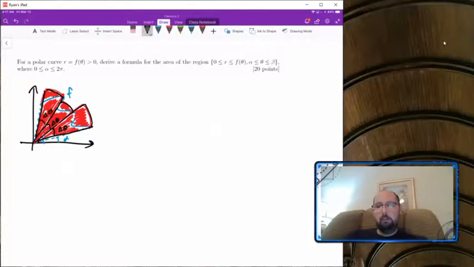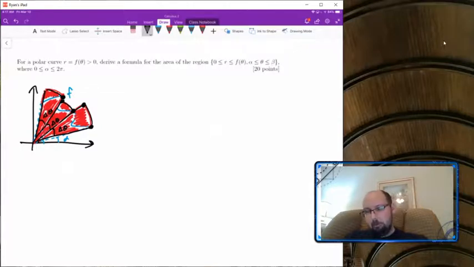For each different theta input, we'll have the value of the function. I use the points on the lower angle side of each little wedge, but that's how it works.